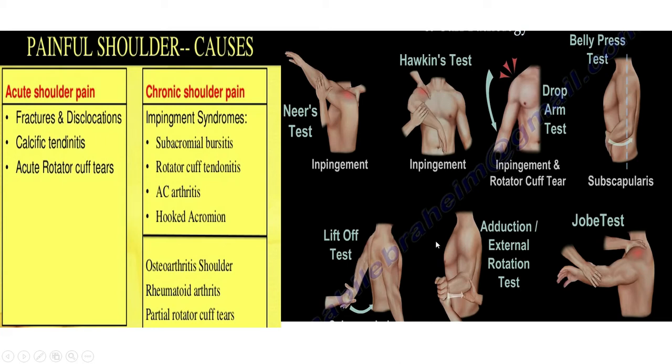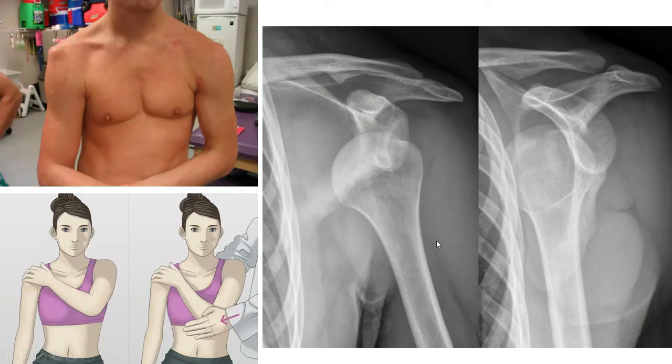Anterior dislocation is the most common type of shoulder dislocation, and the subcoracoid type is the most common. In this case, you will see flattening of the deltoid, and there will be a gap, this is called Salca's sign, and the whole girth of the shoulder girdle will increase, called Gallows sign.